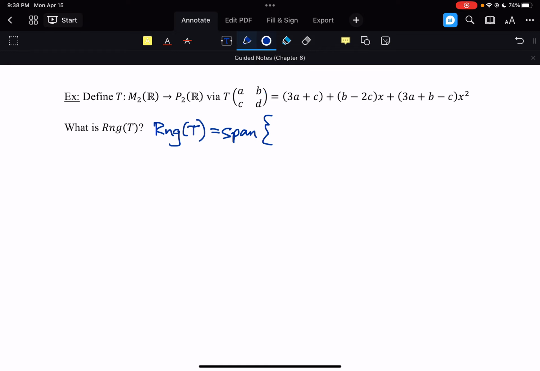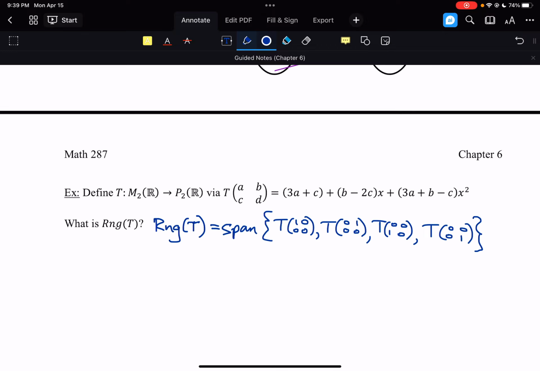These are all 2 by 2 matrices, so we're going to take the transformation of [1,0;0,0], the transformation of [0,1;0,0], the transformation of [0,0;1,0], and the transformation of [0,0;0,1]. These 4 vectors form the basis for M2. We're going to transform all of those and see how much of P2 we cover.